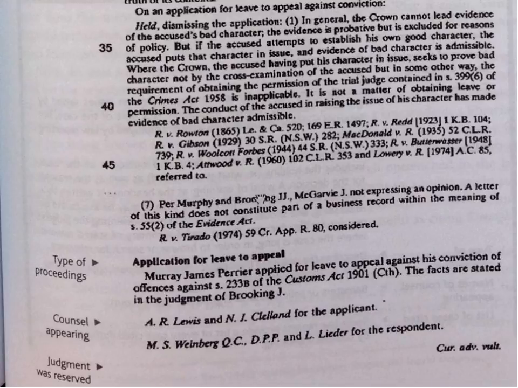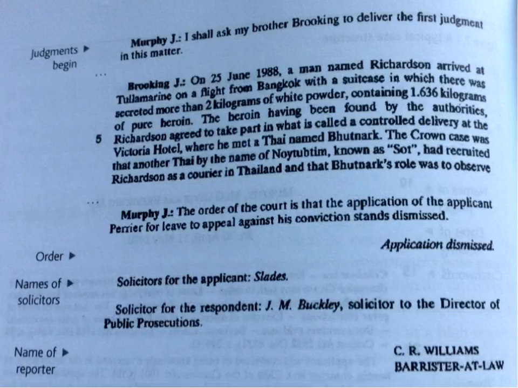If you continued over, I've only got some bits of it, the type of proceedings is given, that it was an application for leave to appeal. The counsel, the barristers who are appearing, and it's noted there in an abbreviation in Latin that the judgment was reserved, so it wasn't handed down on the same day.